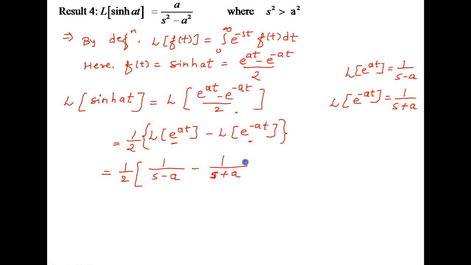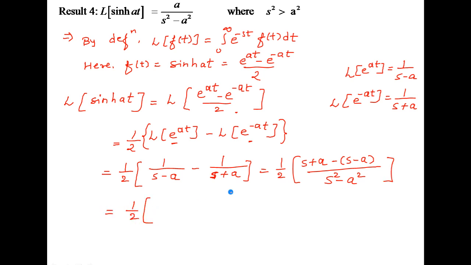Okay, so here by doing a cross multiplication, we can write s plus a minus s minus a upon s minus a into s plus a, that is s square minus a square. So here it is 1 by 2 in bracket s plus a, opening the bracket here, multiply by minus sign, it is minus s plus a upon s square minus a square.